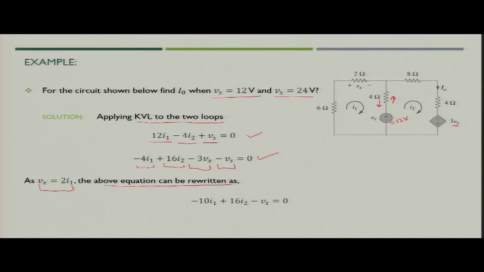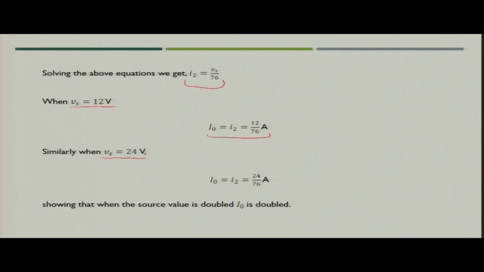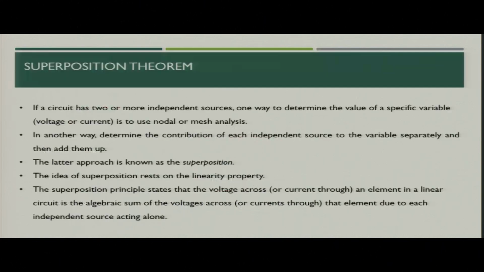You will simply use the homogeneity property, and you can say that the I naught in that case, when Vs is 24 volt, would be 24 by 76 ampere. So, it means that when the source value is doubled, the I naught value will also be doubled because of the homogeneity property.